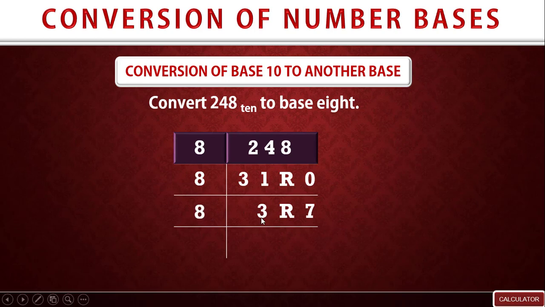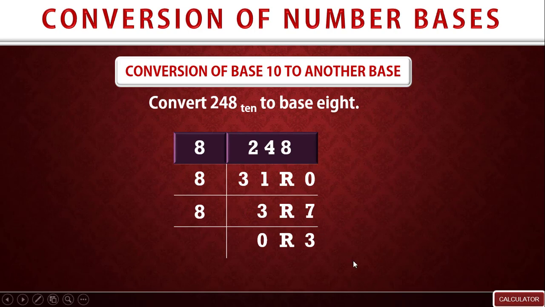Can 8 go in 3? 8 cannot go in 3. So what we need to do there is just write 0. Since 8 cannot go in 3, we write the last one, which is 0, and then we write the remainder, the value that we have left here, and that is 3, remainder 3.